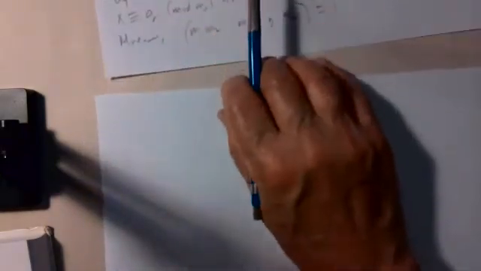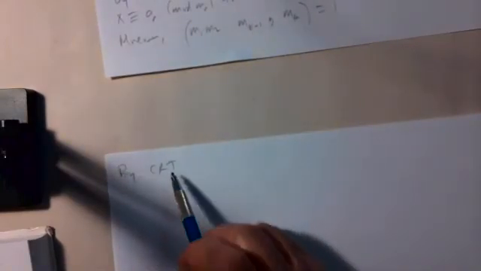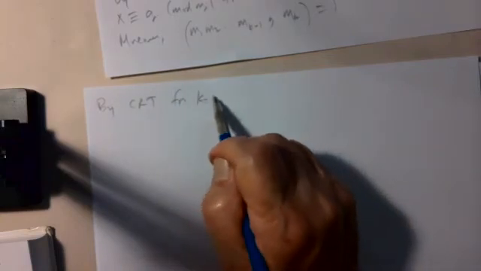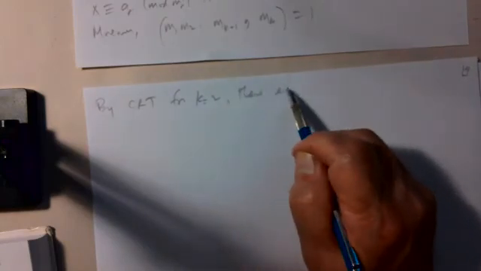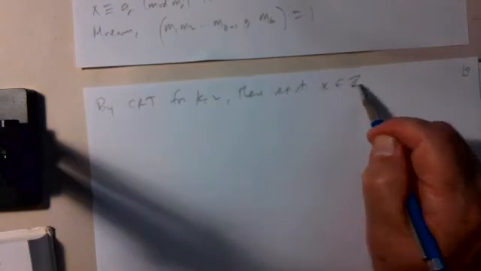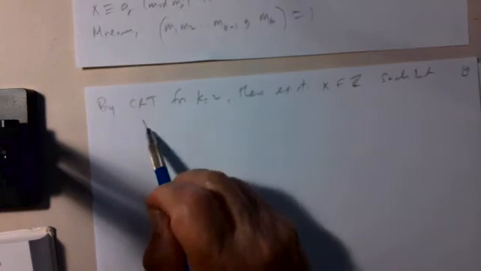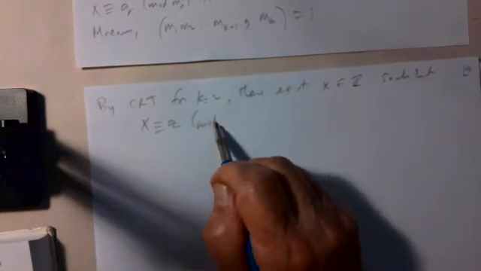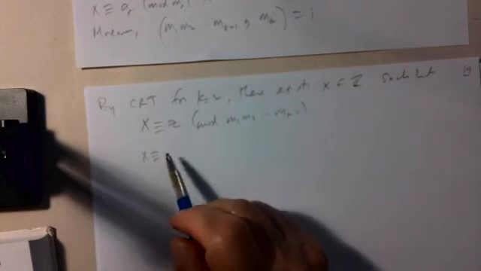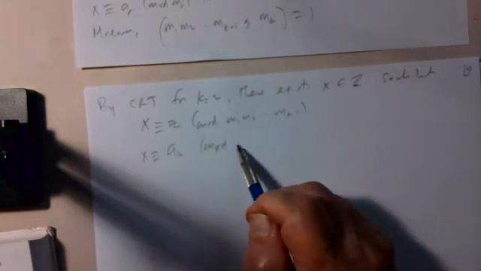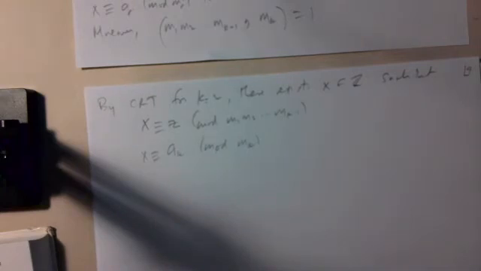Now, by the Chinese remainder theorem in the case k equal 2, there exists an integer x such that x is congruent to z modulo m1, m2 up to m sub k minus 1, and x is congruent to a sub k modulo m sub k, because these moduli are pairwise relatively prime.